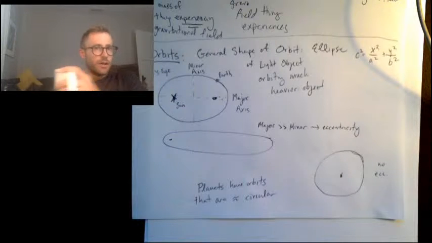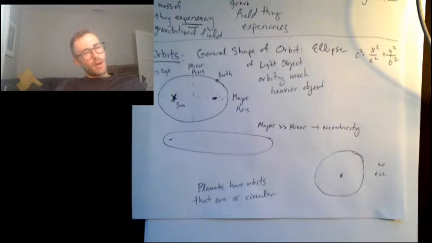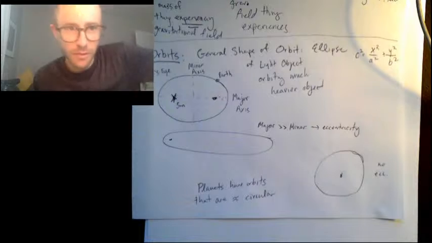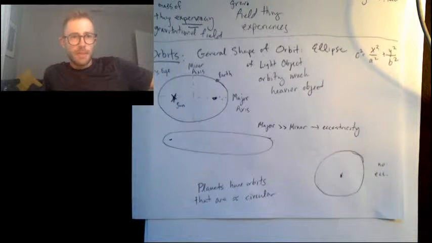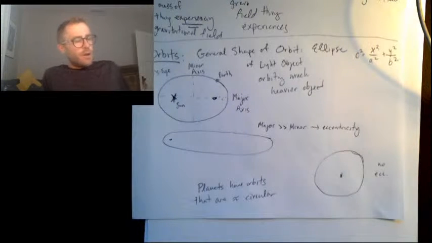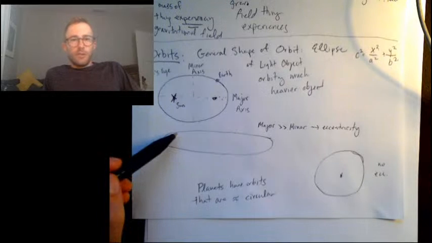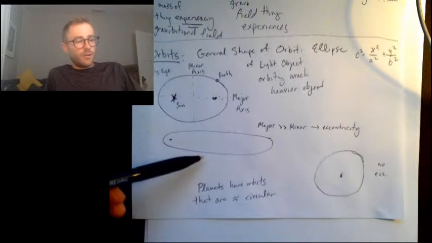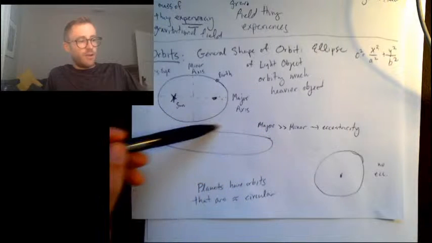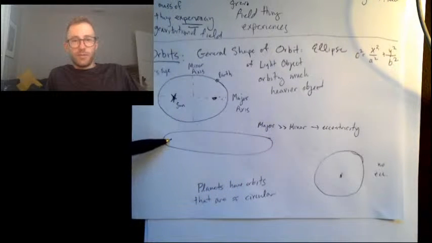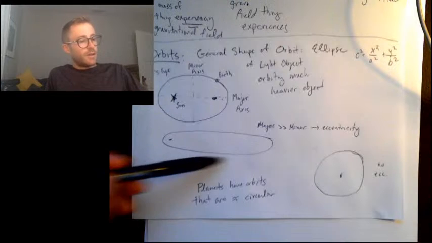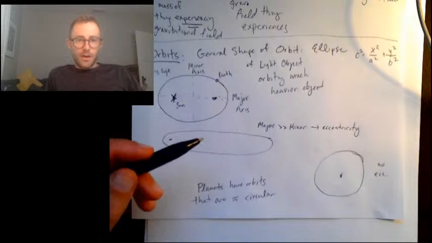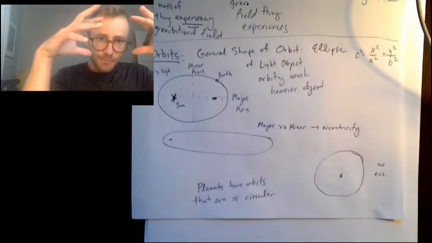That's why, if you think about a comet like Halley's Comet, it comes around something like every 75 years or something like that. And the reason you can only see Halley's Comet sometimes is because Halley's Comet is spending most of its orbit out here, really far away from the sun. And when it's far away from the sun, a comet is basically an ice ball.